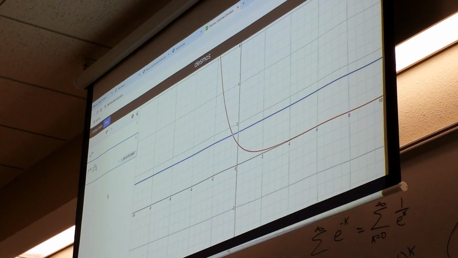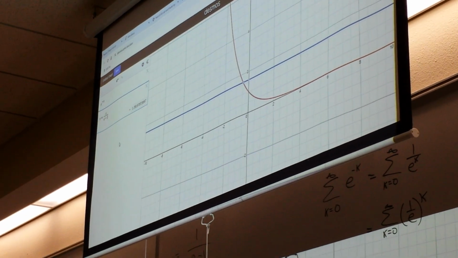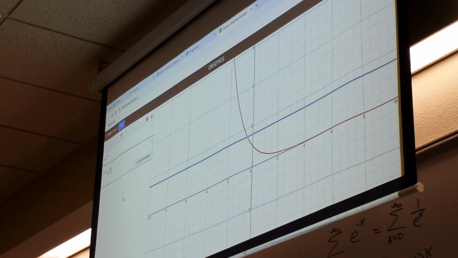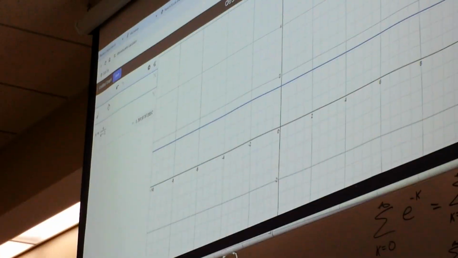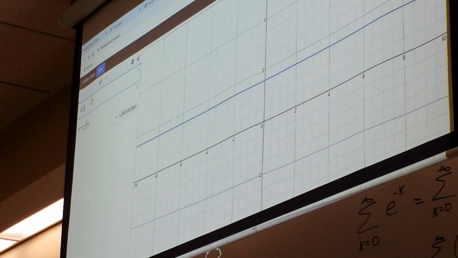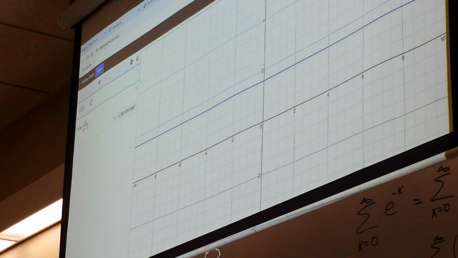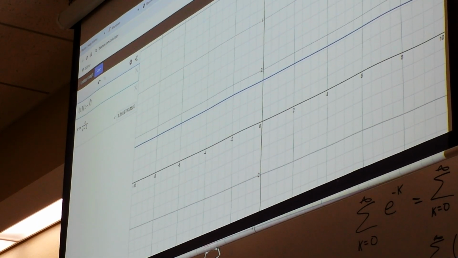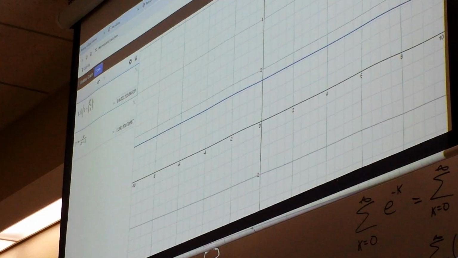That did not work. What happened here? Oh, I'm sorry. This is wrong up here. Let me put this in now, tell you what I just did. Times 1 minus r, which is 1 over e, to the x power.